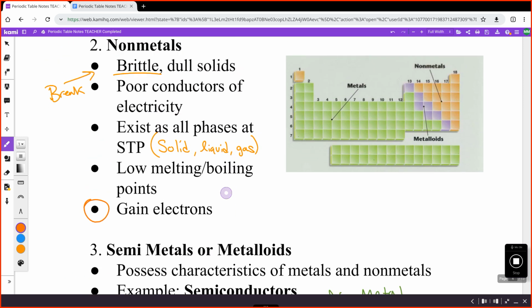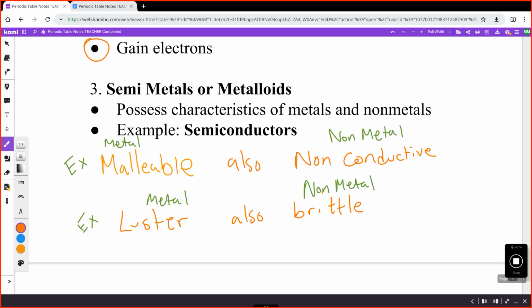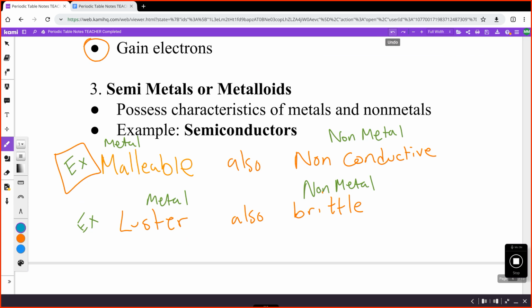A semi-metal is a combination of a metal and a nonmetal. So here are two examples that I have written. Example 1, let's just say an element, unnamed, unknown, is described as being malleable and non-conductive, right?